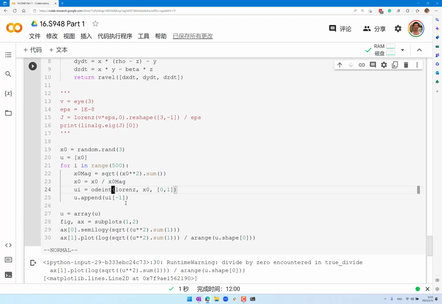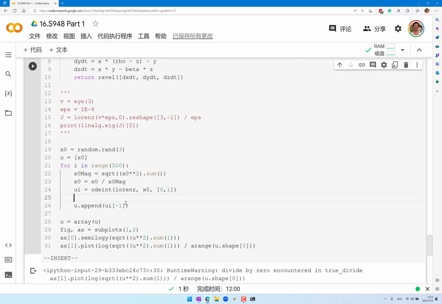I compute the solution, but at the end of the solution, I'm going to be multiplying back with the magnitude of the solution, right? So here I can say x0 divided by x0 mag, and at the end I'm going to multiply the whole solution by x0 mag. So that way we are essentially getting the solution all the way, right? You multiply by u or ui? Oh, ui, yeah, thank you.